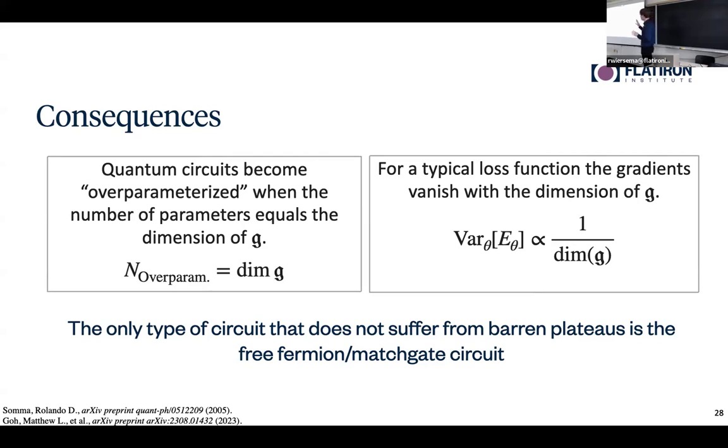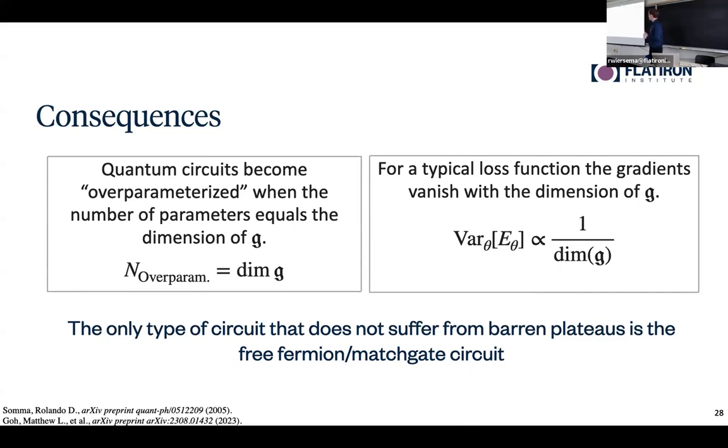They will always have barren plateaus because all the DLAs are exponentially scaling, except for this very small class of free fermion circuits where you can have this overparameterization phenomenon. And that is kind of a bleak statement because it basically says that there's only one class of circuits that you can train efficiently.